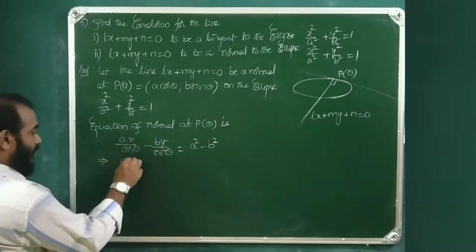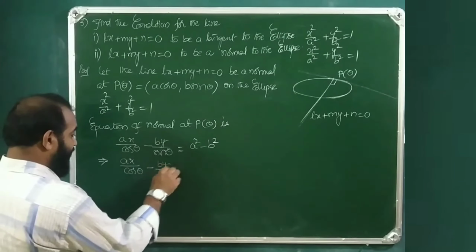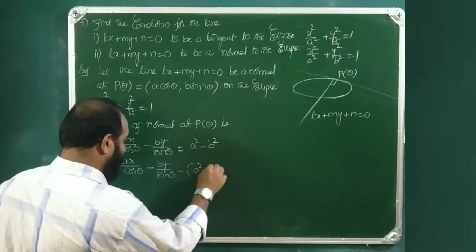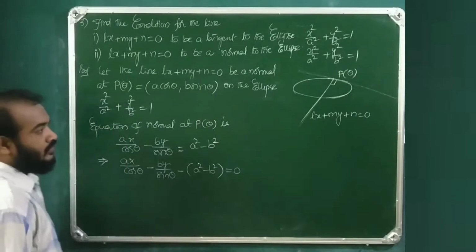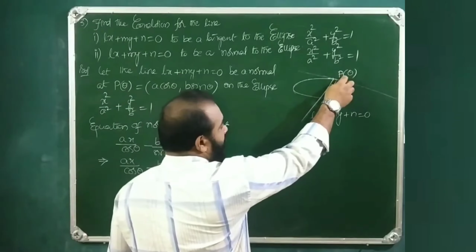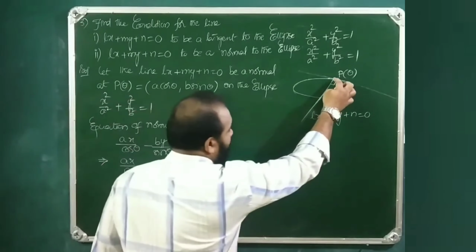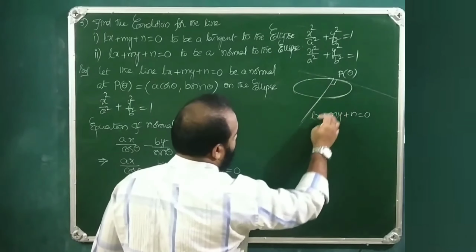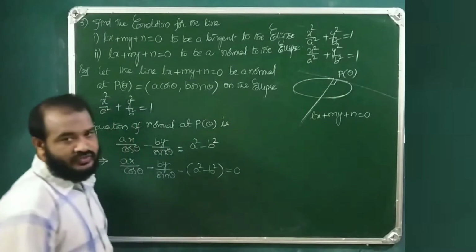So from this, ax by cos theta minus by by sin theta minus of a square minus b square is equal to 0. So therefore, this normal at p theta is this. But according to the question, the same line is a normal. What is that line? Lx plus My plus n equals to 0.